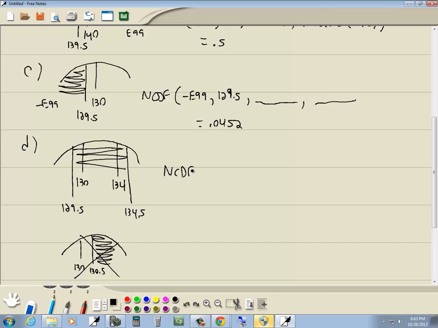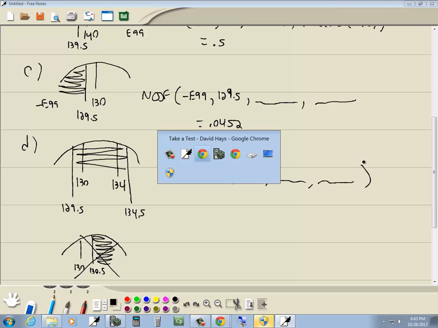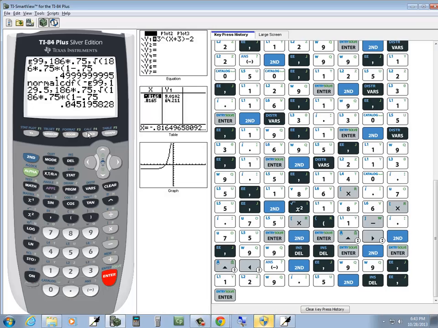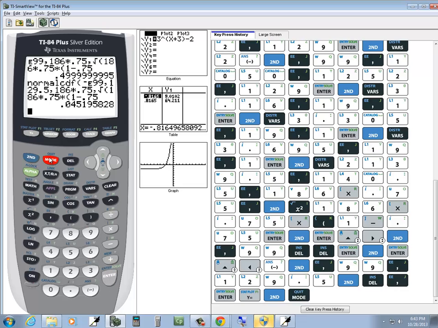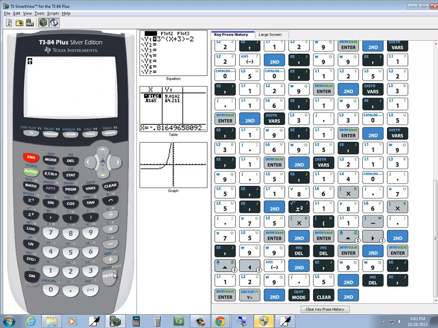Okay, so then we'll do normal CDF, 129.5, comma, 134.5, comma, and then the third and fourth are the same. So I'm going to do a second mode, exit out, and press clear. Okay, second enter.